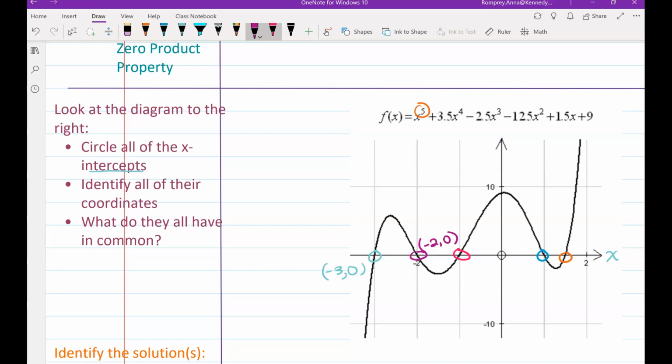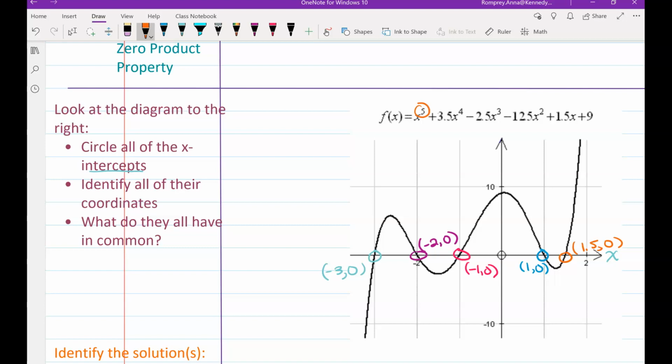Next one, -1, 0. And then we're going to the right, so +1, 0. And 1.5, I want to say, 1.5, 0. Looks about in the middle.